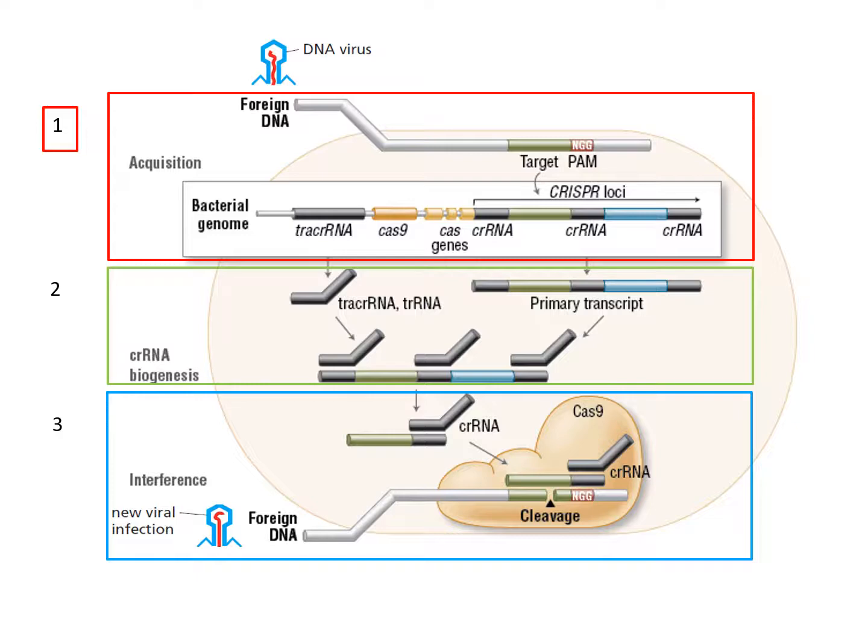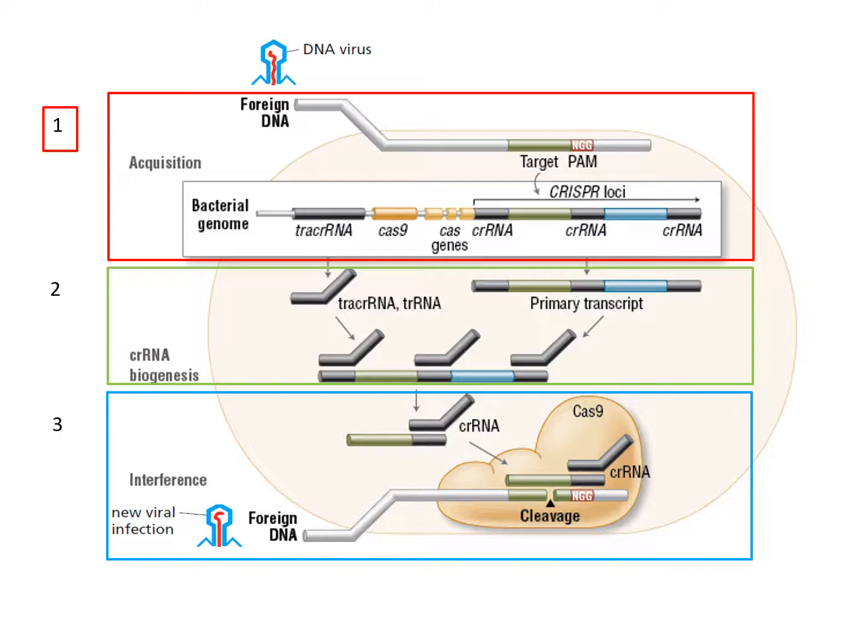The first thing I want to point out is it's not immediately evident from this figure that the bacterial genome is double-stranded. We should know that, but it isn't drawn here in such a way as to look as though all this is double-stranded. I also want to point out that when we're thinking about double-stranded DNA, we're used to thinking about transcription and translation, which is exactly what's going on with the Cas genes.